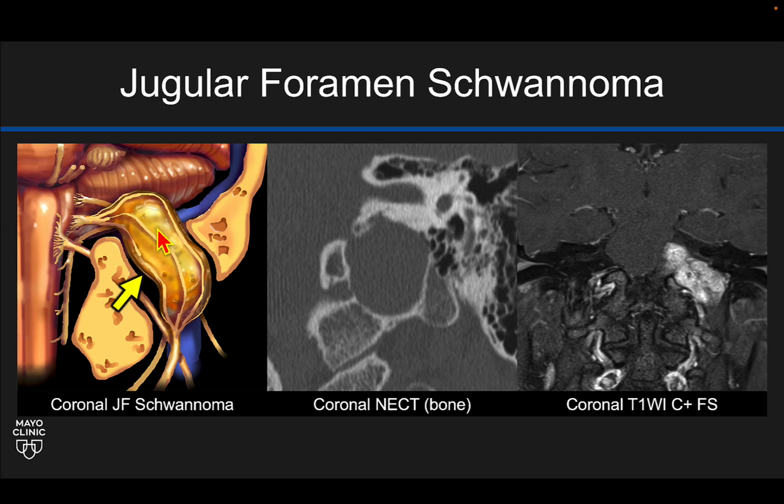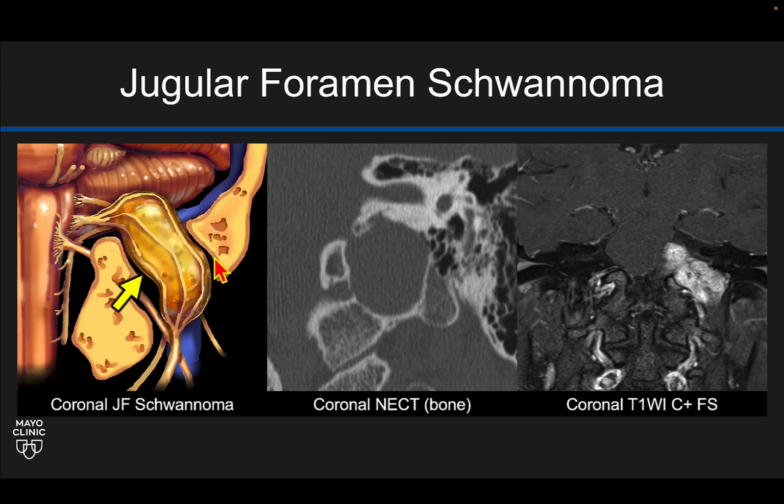This is the trajectory of the expected growth pattern of a jugular foramen schwannoma. As you can see, it's growing along the expected trajectory of that nerve. It exits the brainstem, it comes down, exits down the jugular foramen. This is growing sort of in a sausage-shaped manner along the course of that nerve. And we can also get the sense of how this is slowly remodeling the bone.